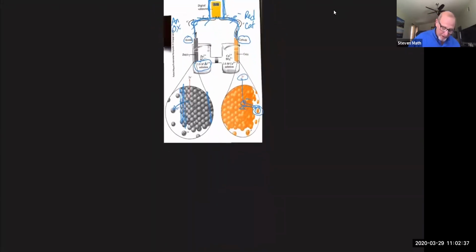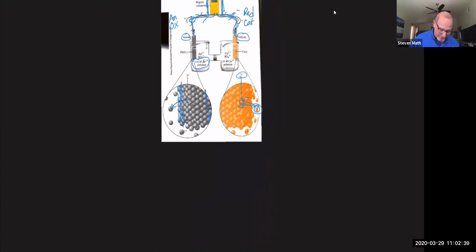If we look at these two reactions, at the anode we have zinc going to zinc 2 plus and 2 electrons. And on the cathode, we have copper 2 plus plus 2 electrons becoming copper.